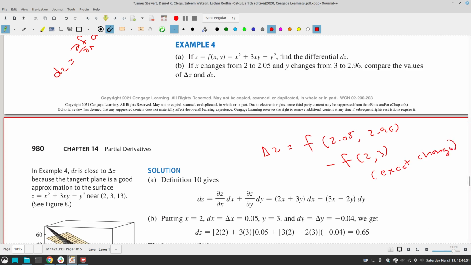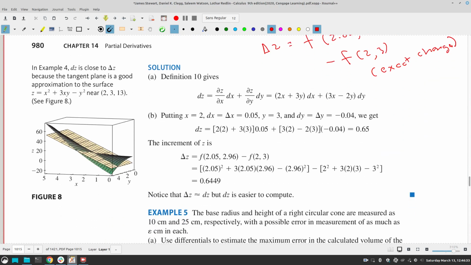And dz is of course the change in the tangent plane, given that x changes from 2 to 2.05 and y changes from 3 to 2.96.